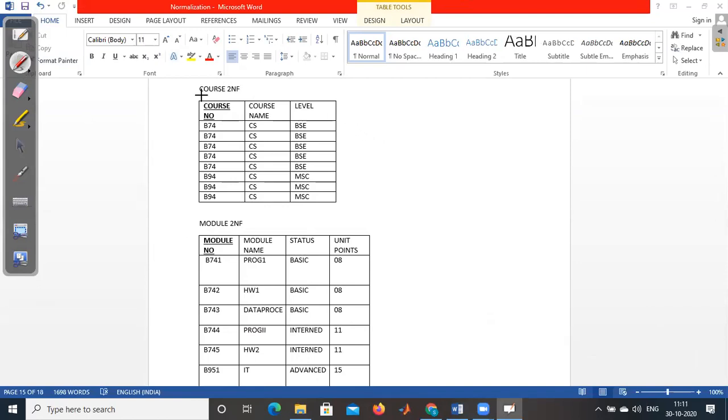In the second normal form, we have named this one course, and this is the module. Here course number, course name and level: these two attributes are fully dependent on course number only. In the module, the module name, status and unit points also fully depend on module number only.